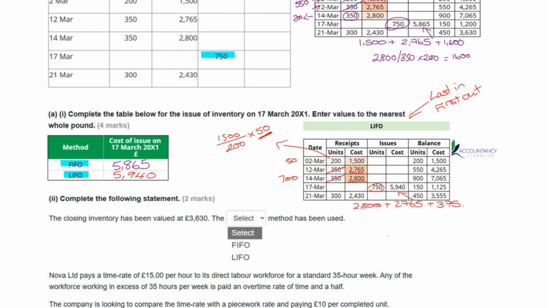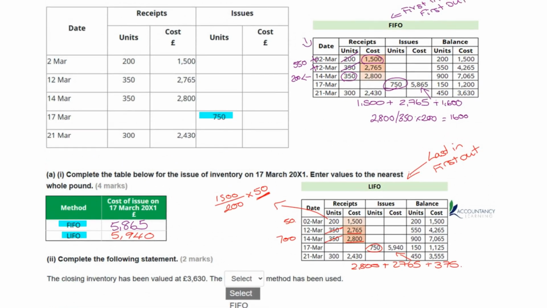Then the second part of part A is complete the following statement. Closing inventory has been valued at 3,630, and then we need to decide, is that under LIFO or FIFO? Well, if we look at the tables, so this is one of the benefits.